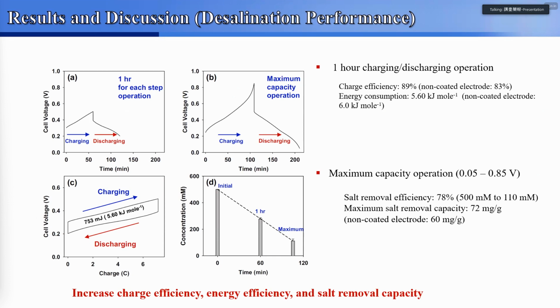And we also checked the maximum capacity by operating the voltage between 0.05 to 0.85 volt, and the salt removal efficiency was 78%, and the maximum salt removal capacity was 72 milligram per gram. This is much higher than using the non-coated electrode, which was 60 milligram per gram. Here is an MCDI comparison, the black color.